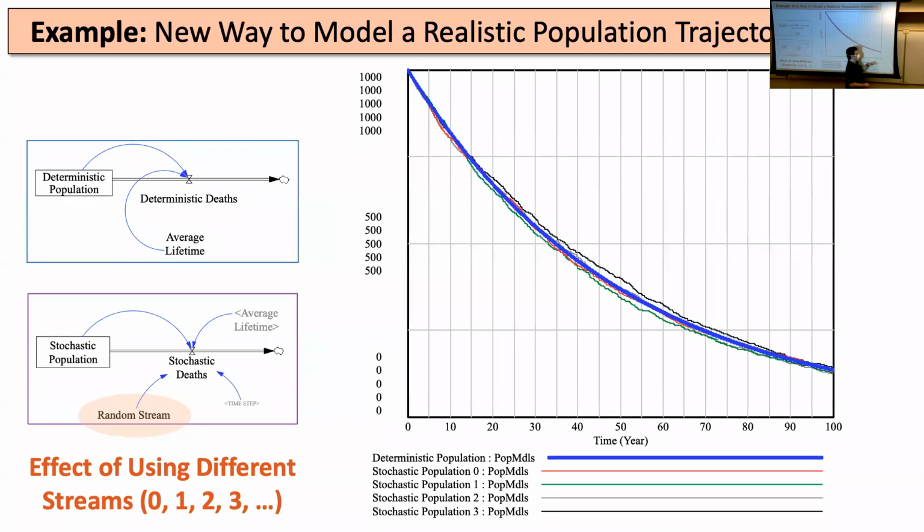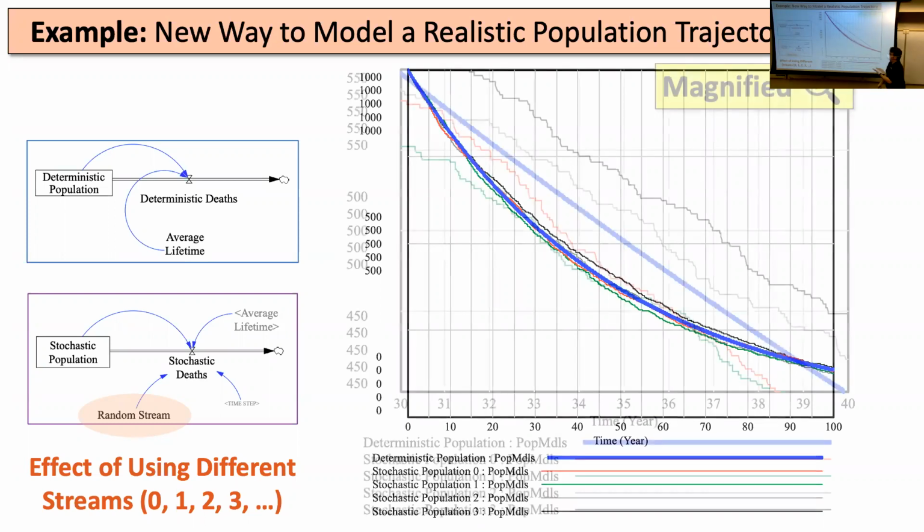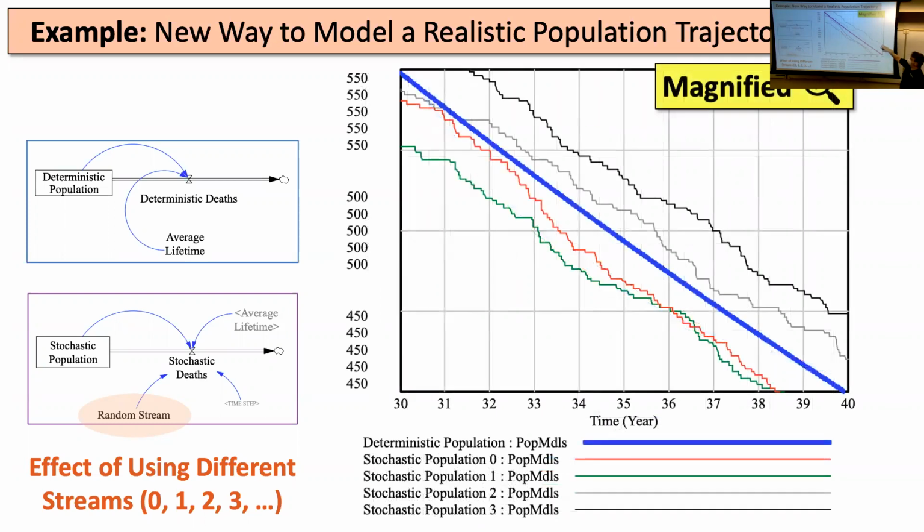And as you can see here, I've plotted all of those plus the average, and you start seeing that these lines really are fuzzy around the average. If I zoom in on them, I can see that all of them stick close to the average, but they each are unique.